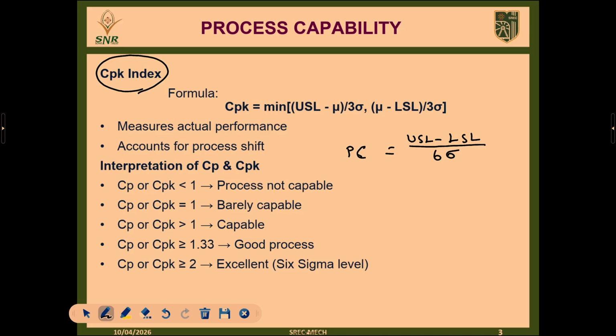What is the difference? As I told in the previous case, this is the process capability. The entire spread is taken or considered. This is the mean value, lower specification limit, upper specification limit.